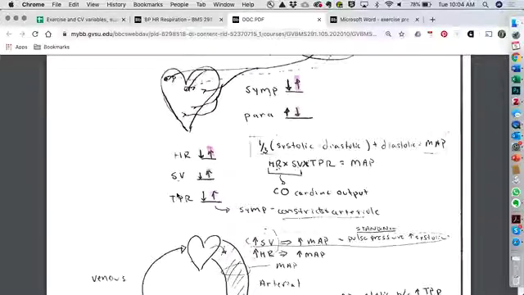And then what is pulse pressure equal to? Systolic pressure minus diastolic. So mean arterial pressure is one third of systolic minus diastolic, plus diastolic pressure.